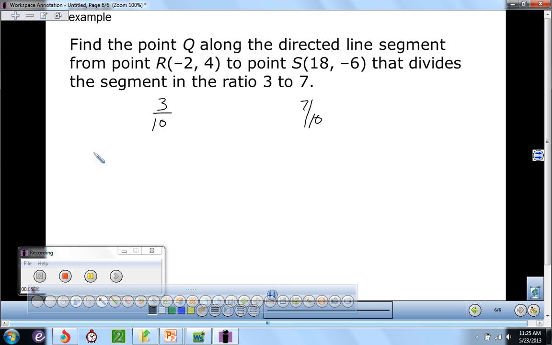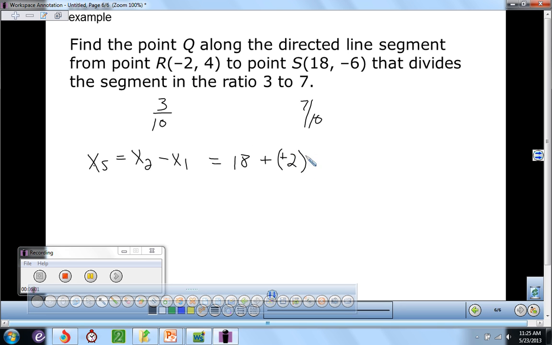Alright, so let's do the change in X and then the change in Y. Alright, so I'm going to go X2 minus X1. So if I'm coming from -2, 4 to this one, this is going to be X1, this is going to be X2. So let's go 18 minus -2.